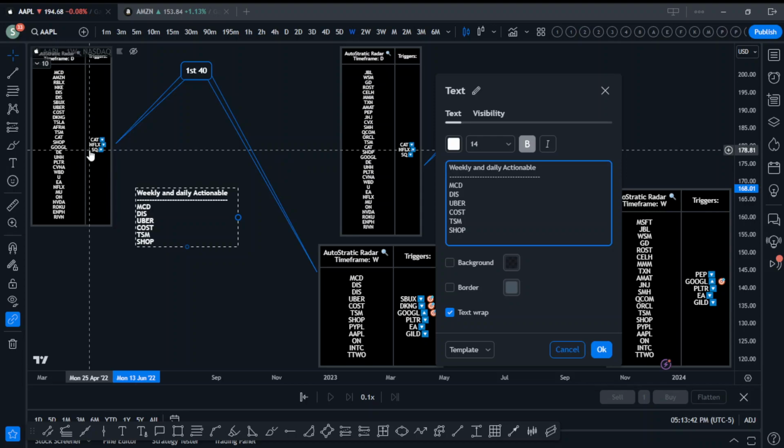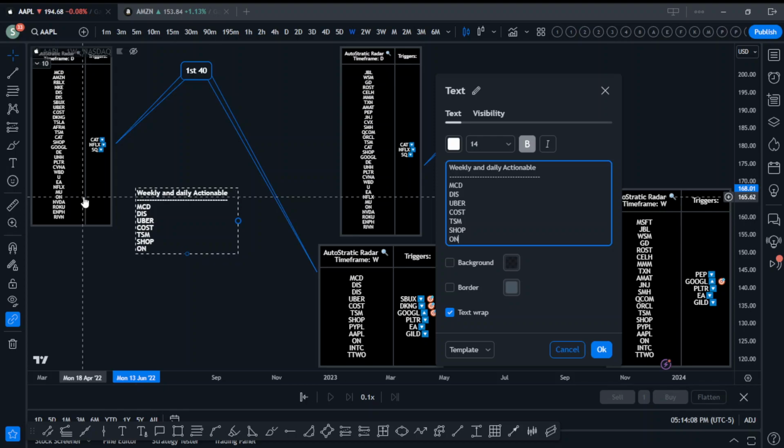Google, no. John Deere, no. UNH, no. Palantir, no. Carvana, no. WBD, no. Unity, no. EA Sports, no. Netflix, no. MU, no. On Semiconductors.